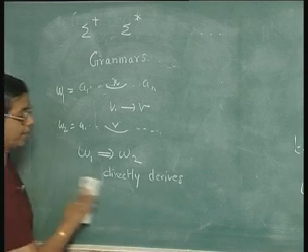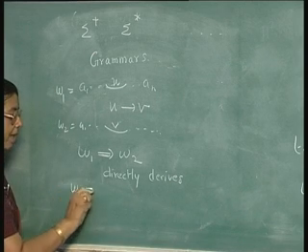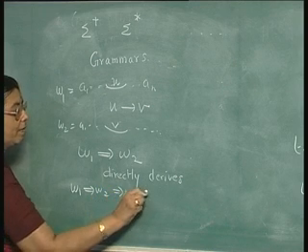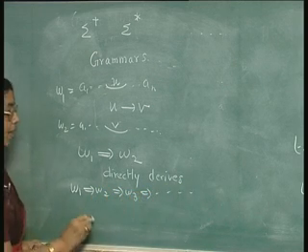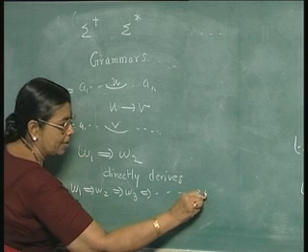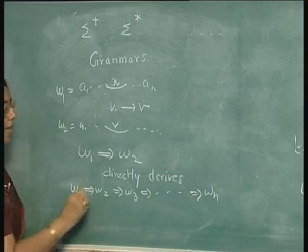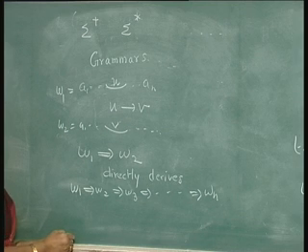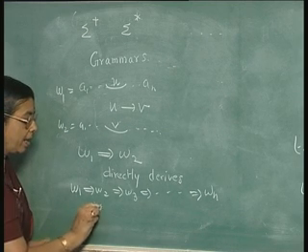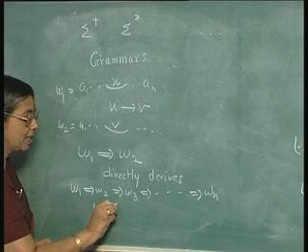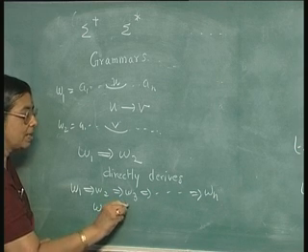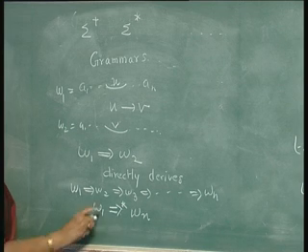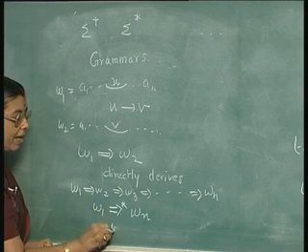But if you have W1 deriving W2, then W2 deriving W3 in one step, and so on, until you get some Wn, each obtained from the previous one by the application of a single rule, this you write as W1 star Wn. This star you call derives.